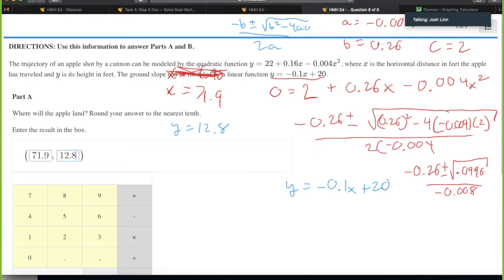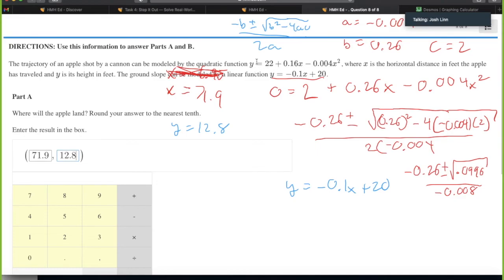Where did it say that? I guess if you throw x equals 0 into where the cannon was shot, it was at 22.